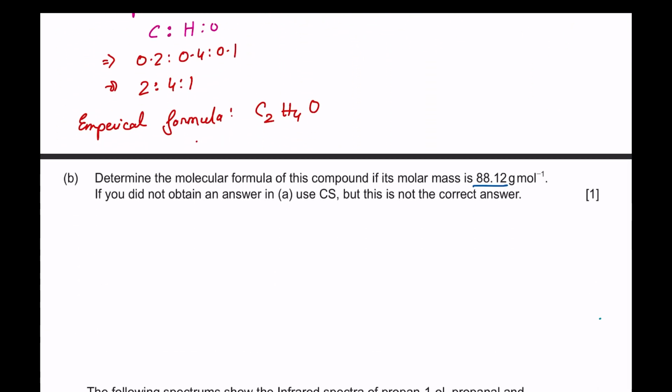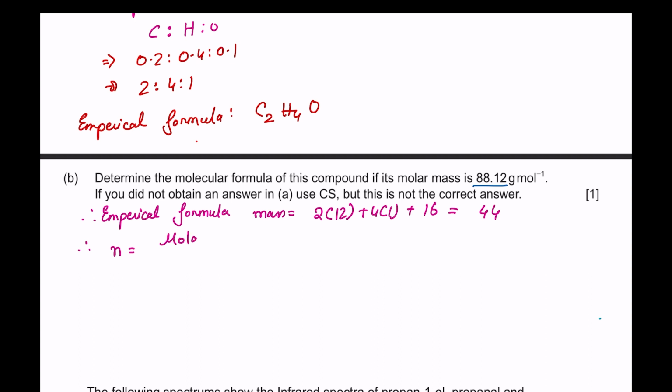Moving on to the second part, we have to determine the molecular formula of this compound. The molar mass is 88.12. So let's start by finding the empirical formula mass, that is the molar mass of the empirical formula. This would be 2 times 12 plus 4 times 1 plus 16. If we add this up, we will get 44. Now we have to find out n. n is basically the molar mass of the compound divided by the empirical formula mass.